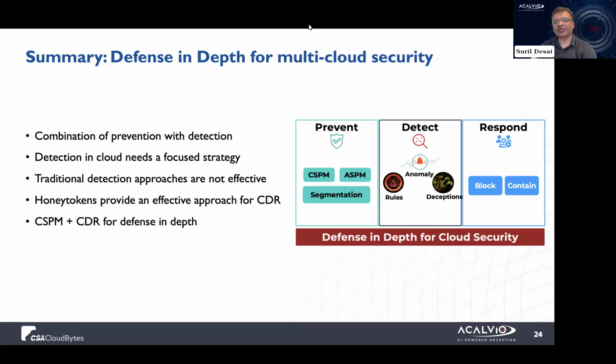So organizations should consider a combination of prevention security, such as Cloud Security Posture Management or CSPM, and then combine that with cloud detection and response based on honey tokens, CDR, and that way you can get defense in depth for the prevention and detect capabilities, and then overlay that with the response capabilities so that there is the ability to defend against a wide variety of threat actors.